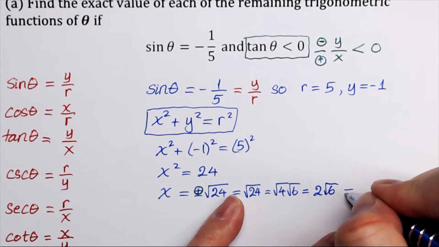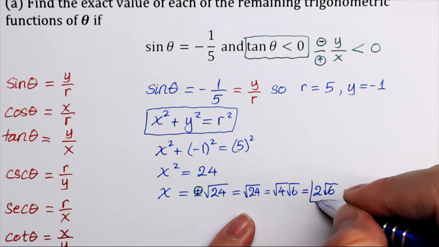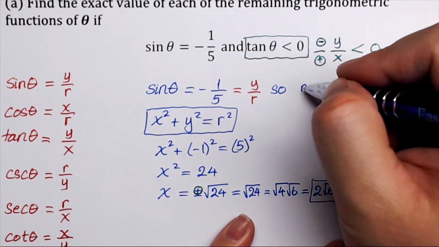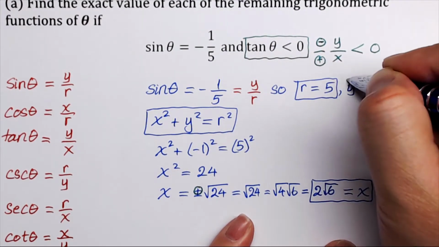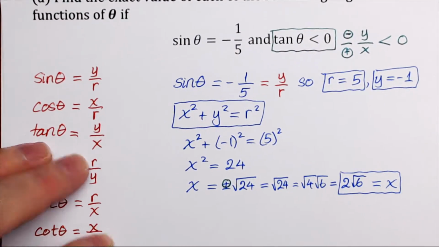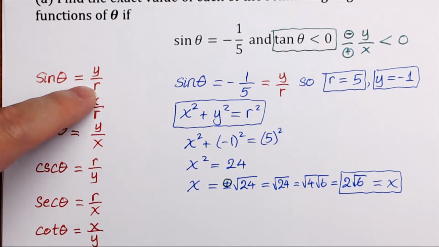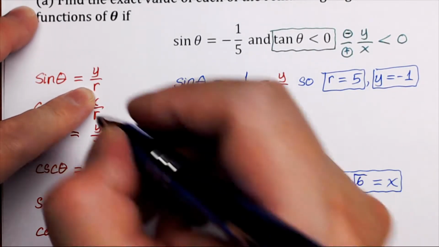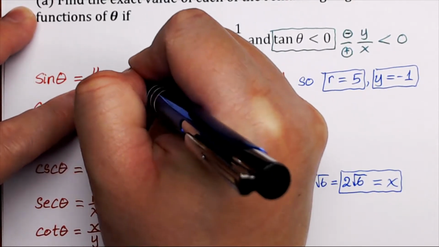Right, now we have x ready, and r and y. We can put them back in these ratios and we have the answer. So y over r, of course that one is given already, it's negative 1/5.